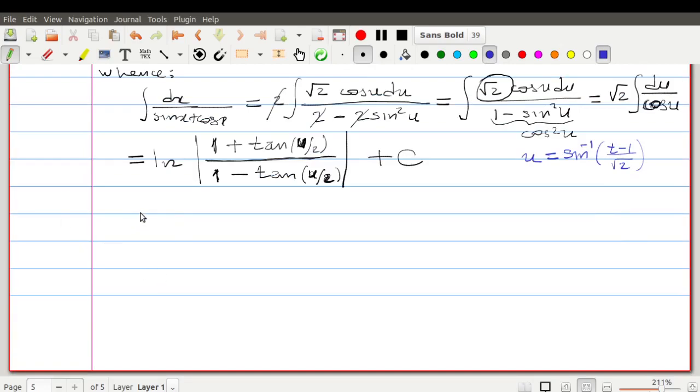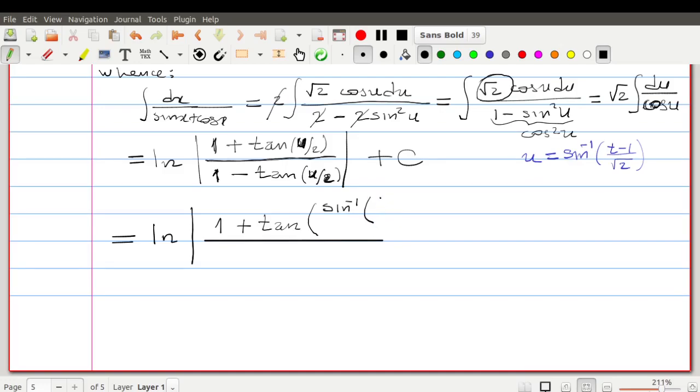So you see that the expression is really a long one. So this will be equal to, we write ln absolute value. We're going to write everything properly, right? 1 plus tan of what? Now u is this sine inverse of what?